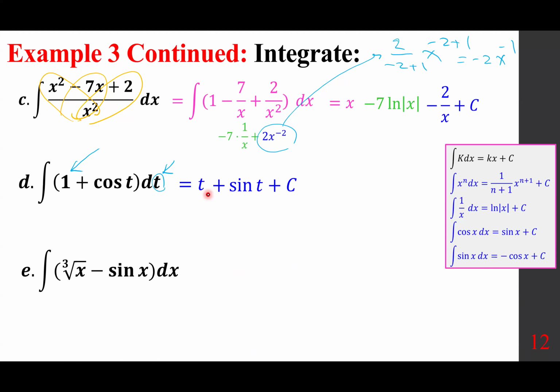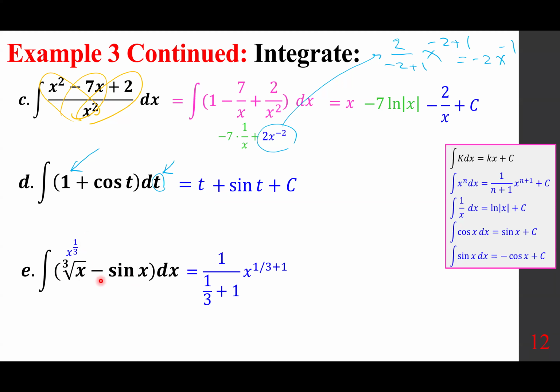What about this one? Again, cube root of x, change it. That's the first step. Change it such that it becomes ready for the power rule. So this would be 1 over 1/3 plus 1, x to the power of 1/3 plus 1. Again, in this format, remember, even in the case of a differentiation, we don't do anything, we change it first. Minus, again, the derivative of sine is cosine, but the integral is negative cosine.